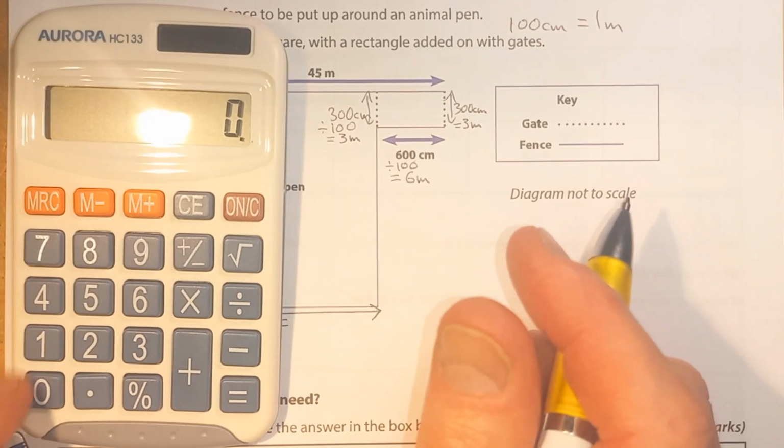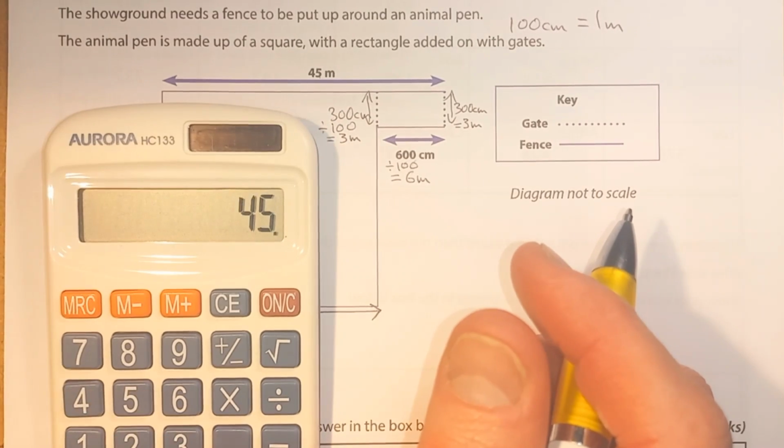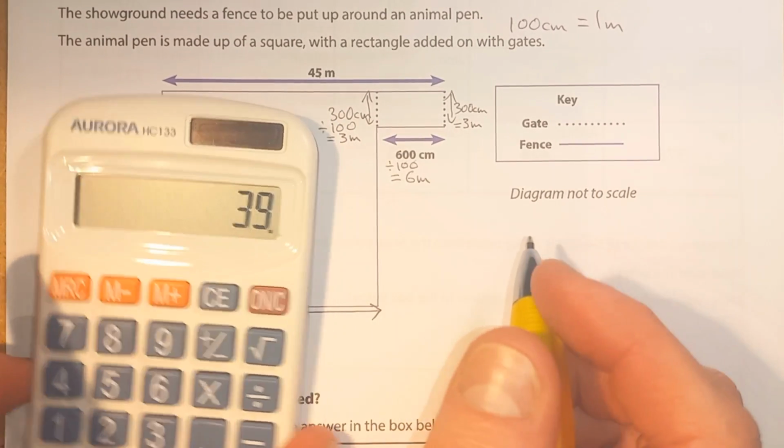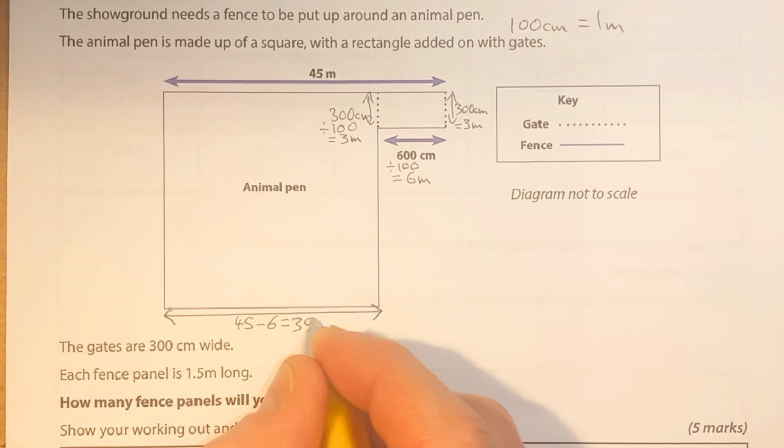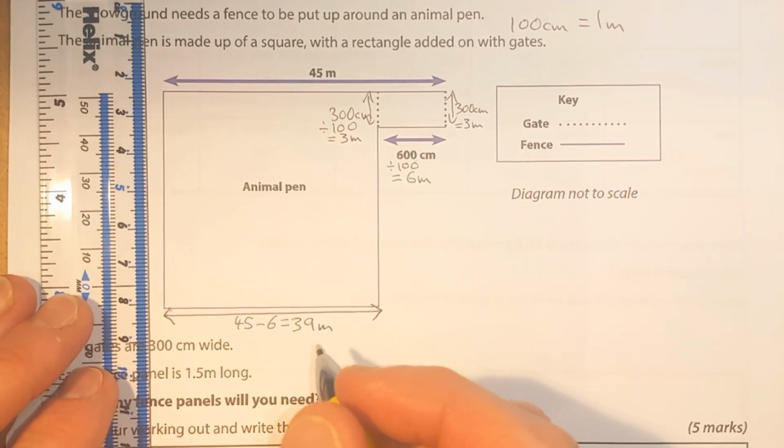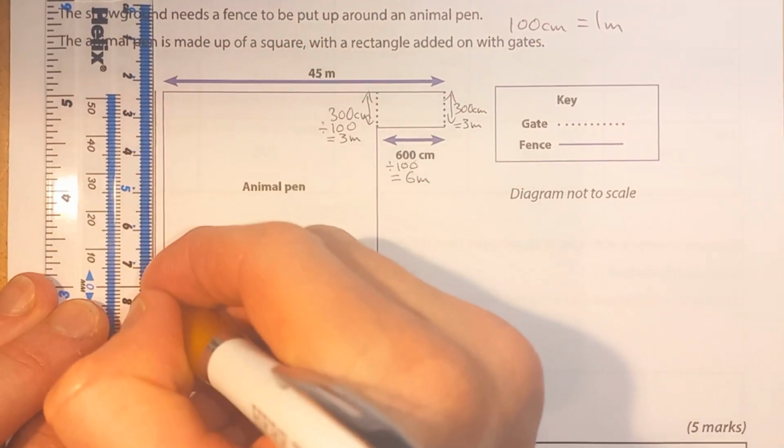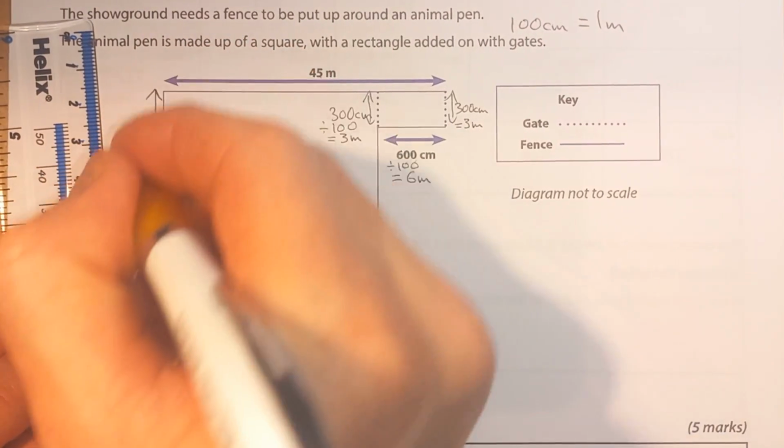So in other words, it's 45 minus 6, which is 39 metres. And because this is a square, this is going to be the same.